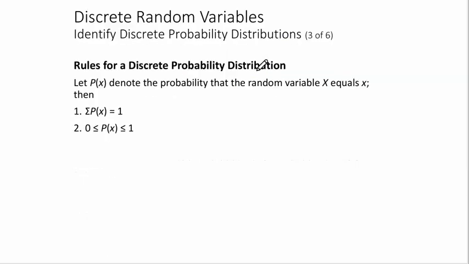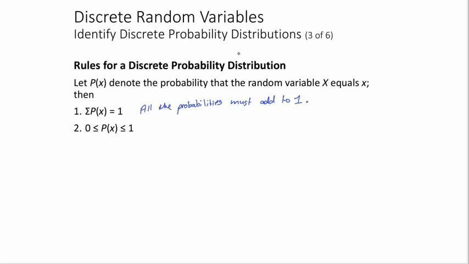So what are the rules associated with a discrete probability distribution? When we talk about the probabilities, the first rule is that if I add all the probabilities up, it's got to add to 1. This notation means the sum of the probabilities, which written out means all the probabilities must add to 1.